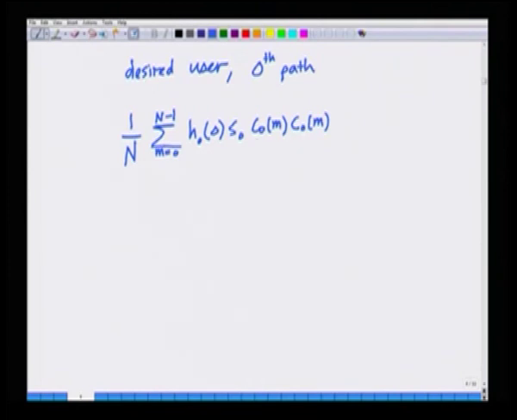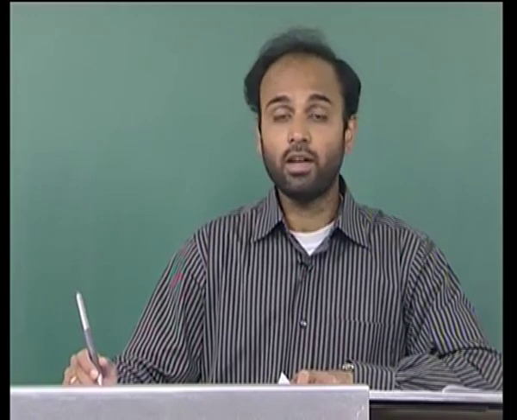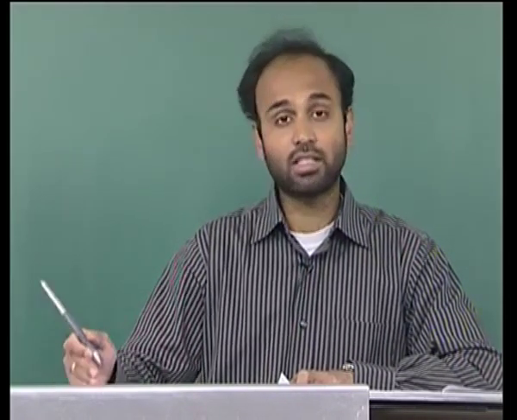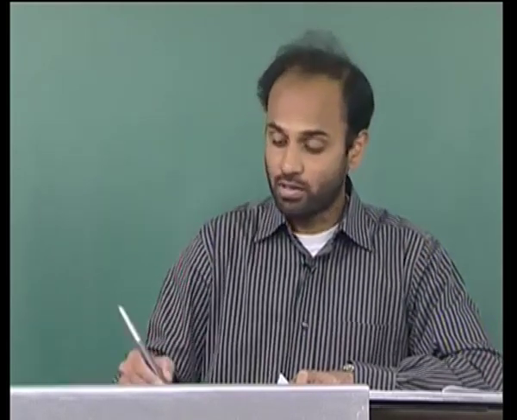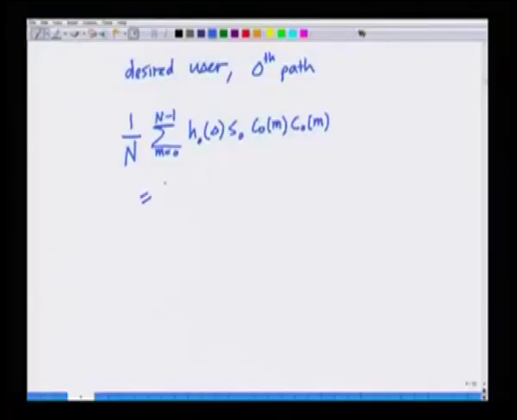Now, c 0 m into c 0 m, that is c 0 m square. Remember, c 0 m is either plus or minus 1. In either case, c 0 square of m is 1. This we have seen many times, that is the self correlation of a sequence. Hence, this is simply going to be 1 over n summation m equals 0 to n minus 1 h 0 0 into s 0 into c 0 m square is 1.